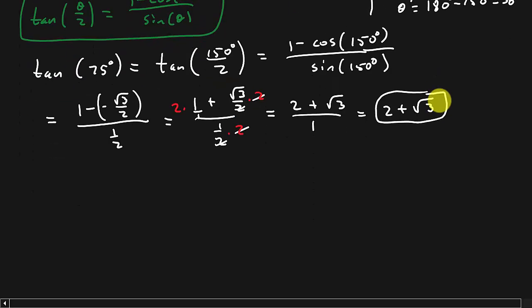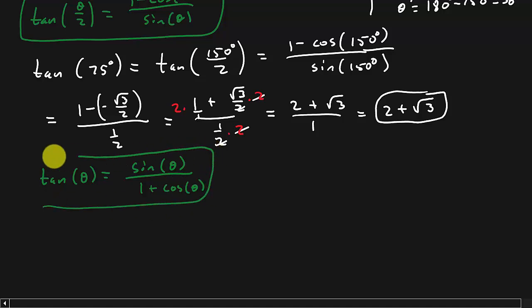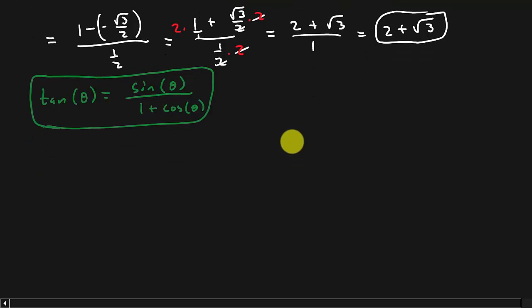All right, let's see if we get the same thing using the second formula. So here I'm going to use tangent theta over 2 is equal to sine theta over 1 plus cosine theta. Let's use that one now.